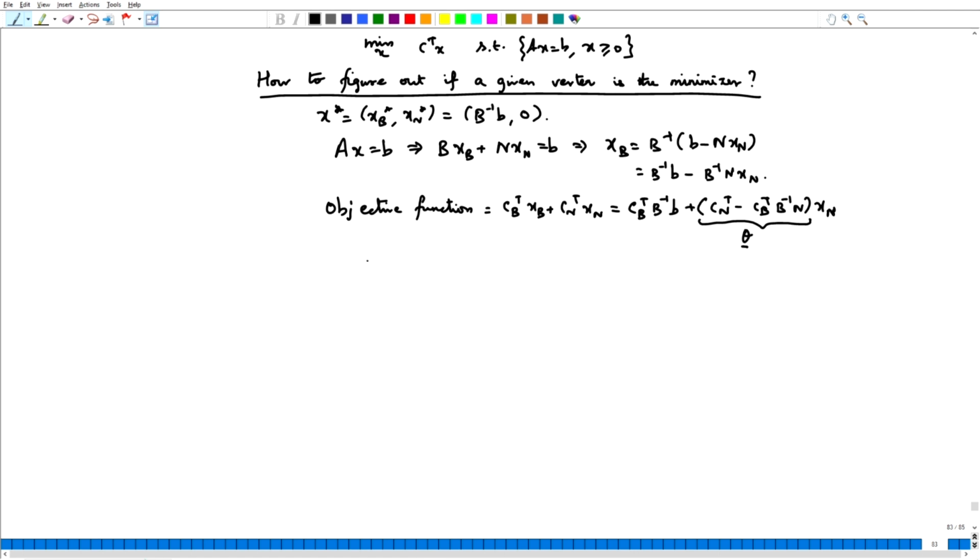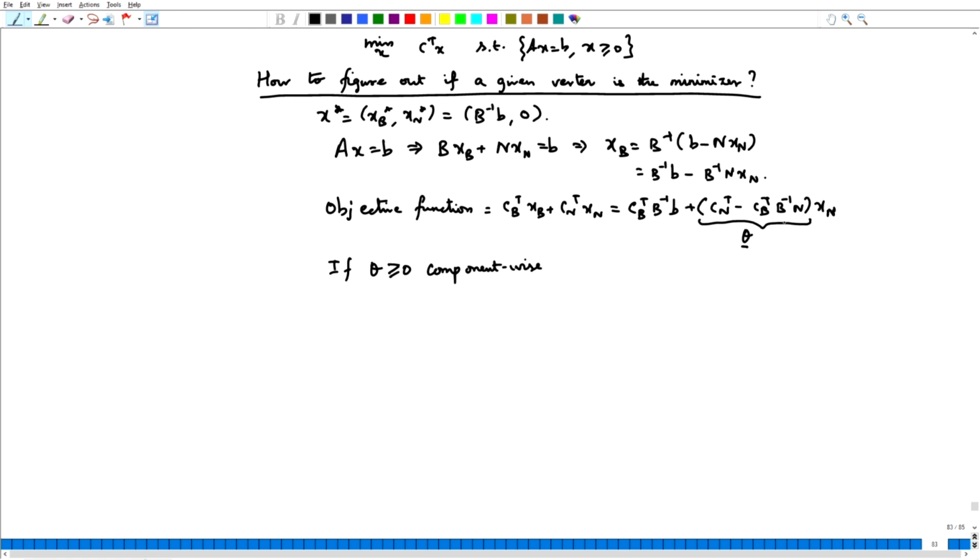So, if theta is greater than or equal to 0 component wise, okay. Note that this is actually a vector, right. So, cN is of dimension n minus m, okay. You can also verify that this is n minus m because B is m cross m, N is m cross n minus m.